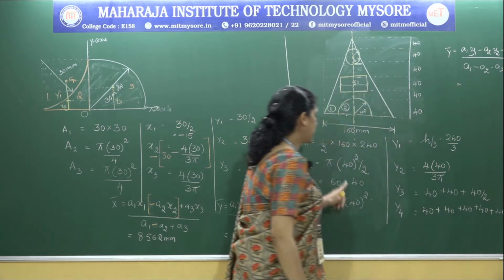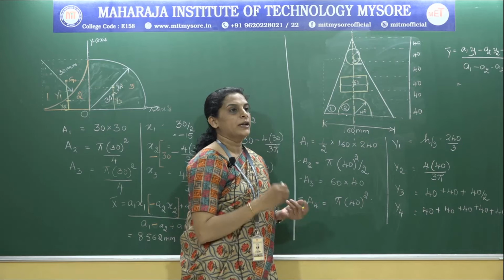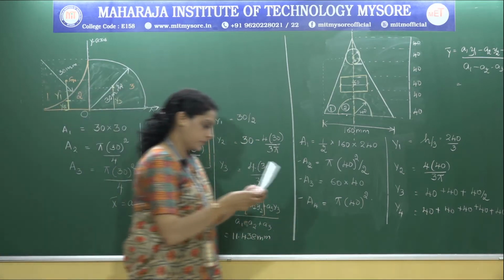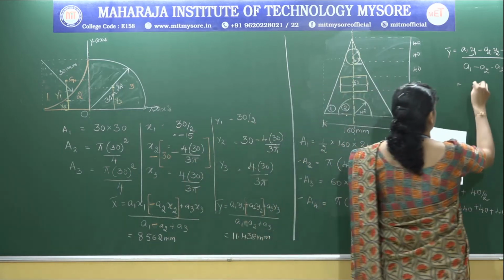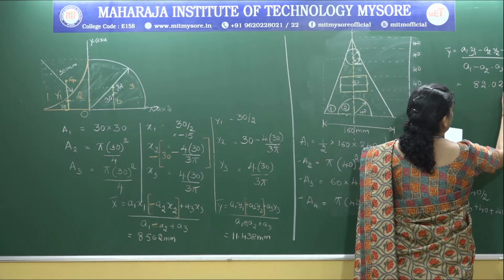Upon substituting all these values, we get y bar as 82.02 millimeter.